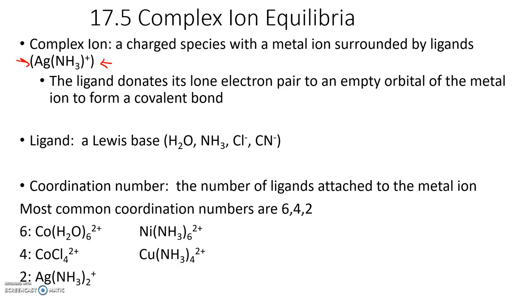A ligand is something that donates its lone electron pair to an empty orbital of the metal ion to form a covalent bond. So if you remember back from Chem 1 when you learned how to draw Lewis structures, if I draw the Lewis structure for ammonia, here it is with the lone pair.